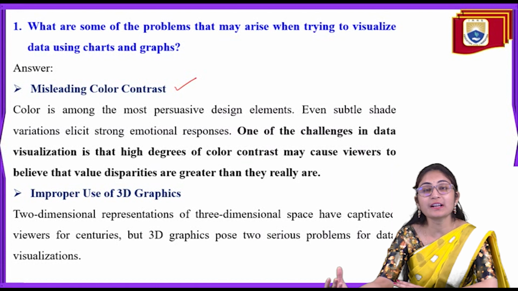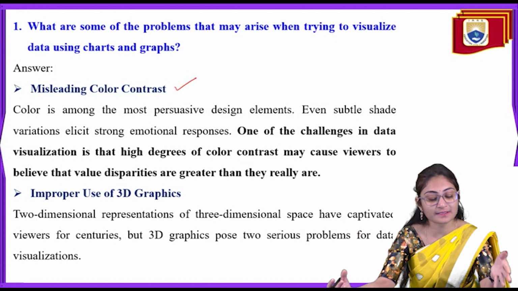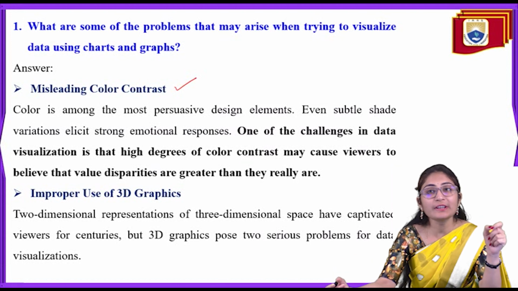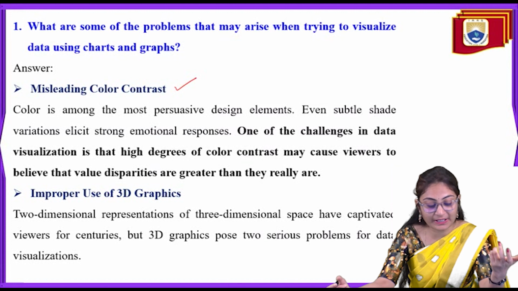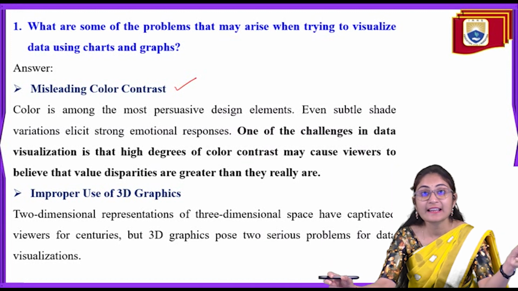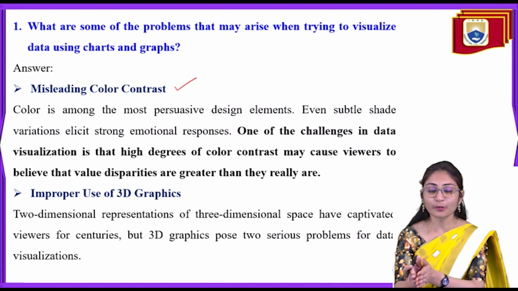Definitely, whenever we are talking about charts and graphs, color will come there. Color is one of the most persuasive design elements. Even certain shade variations elicit strong emotional responses. We keep the data in the form of shades, in the form of color.